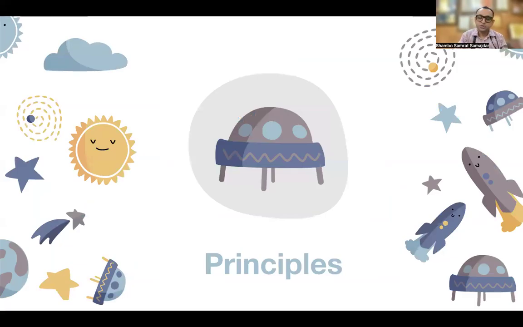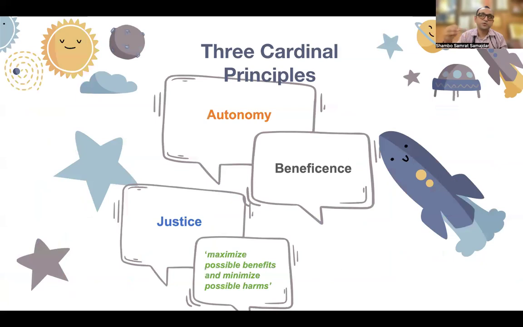Now we'll discuss the 13 principles. Before that, we need to remember these three cardinal principles again and again, because they are the heart of good clinical practice guidelines. Even in today's medical practice, these three cardinal principles we need to follow as practitioners: autonomy, beneficence, and justice. Our aim should be maximizing the possible benefits and minimizing the possible harms.